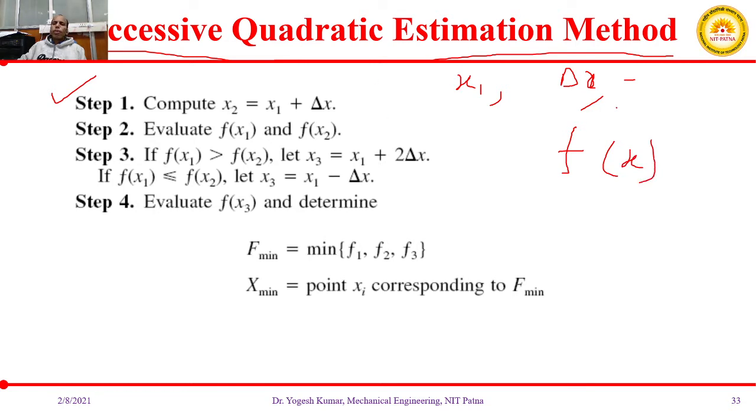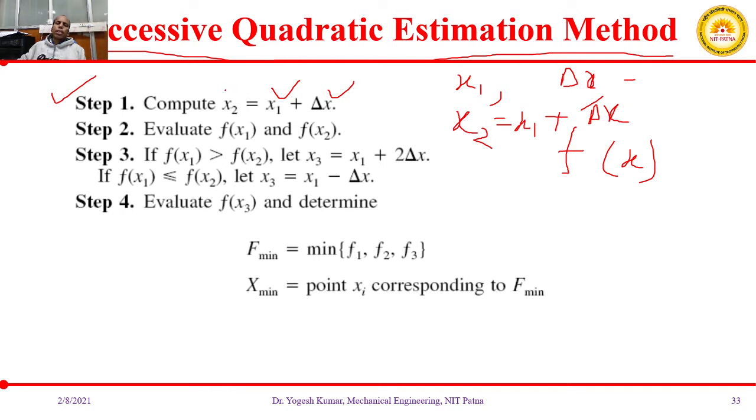How are we calculating the value of the next point? This is given by x2 equal to x1 plus delta x. Here x1 is your starting point and delta x is your step size.